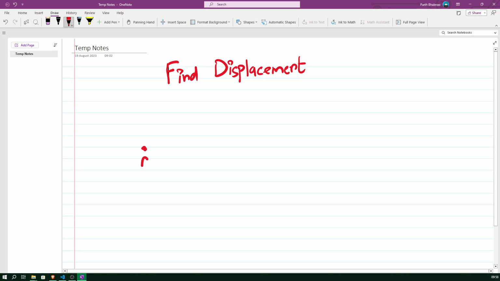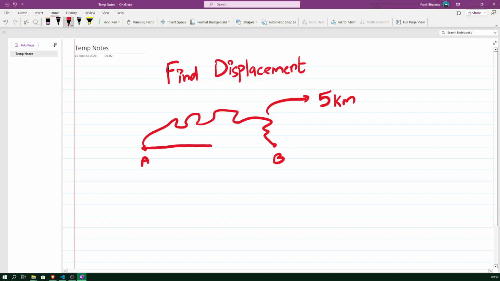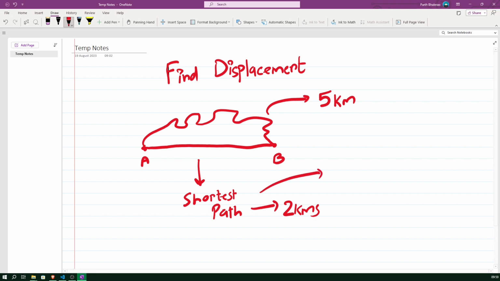So if this is point A and this is point B, and there is a path from A to B of, let's say, 5 kilometers, and then there is a straight path from A to B, which is the shortest path, of let's say 2 kilometers, then basically this straight path is nothing but displacement.